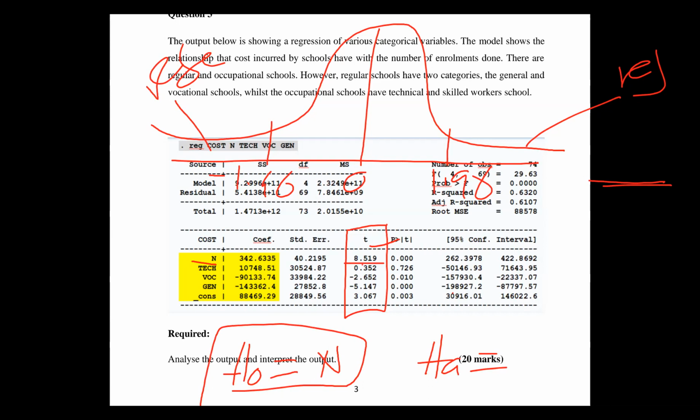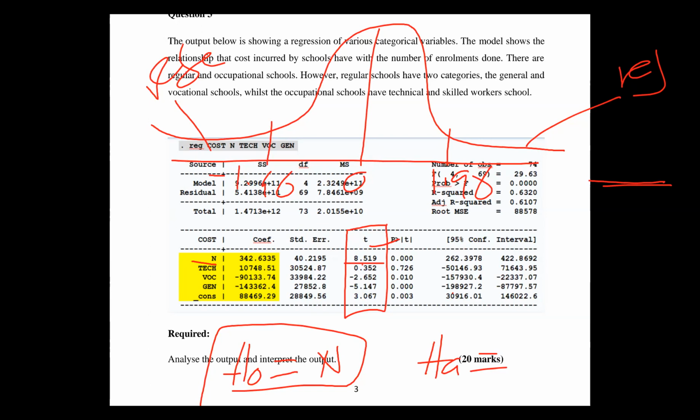Come again. I am saying that the null says the variable does not have an impact, right? If you reject that statement, meaning you are referring to the opposite, right? If you reject that the variable does not have an impact, what do you imply? You're implying that the variable has an impact, isn't it? Yes. So that's what it means.